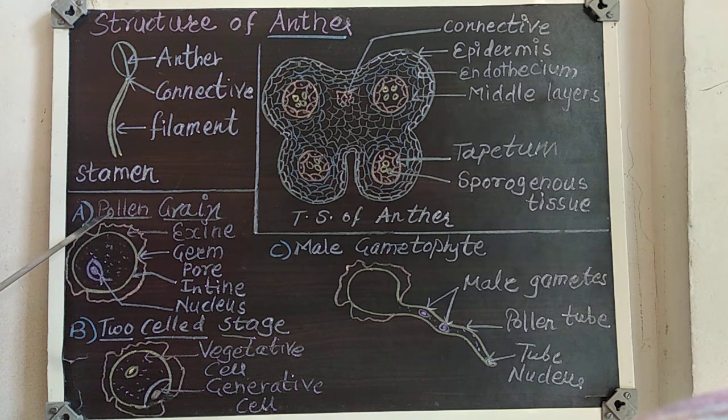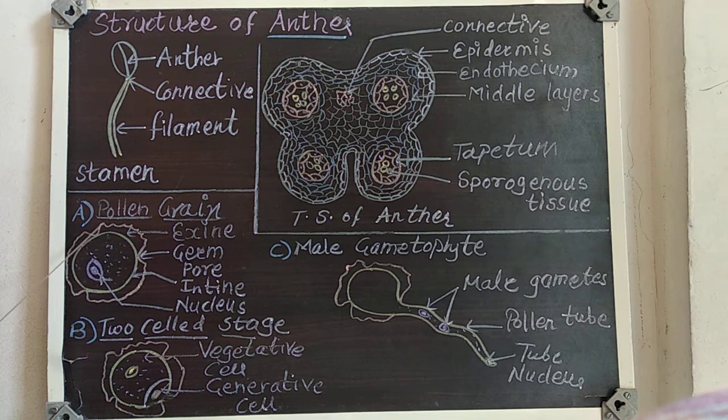Now starting with the structure of pollen grain. Here you can see a diagram. Pollen grains are unicellular, uninucleate, haploid and non-motile structures. Each pollen grain consists of the outer layer, which is called as sporoderm, inner cytoplasm, and having a nucleus. Sporoderm shows two layers. The outer is called as exine, which is thick.